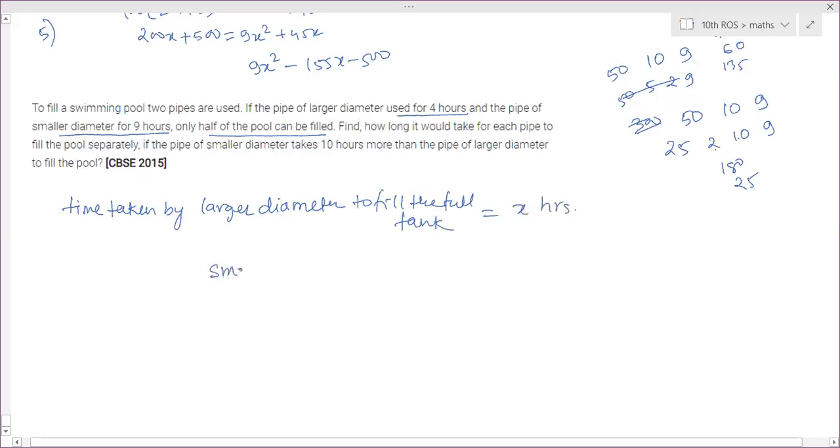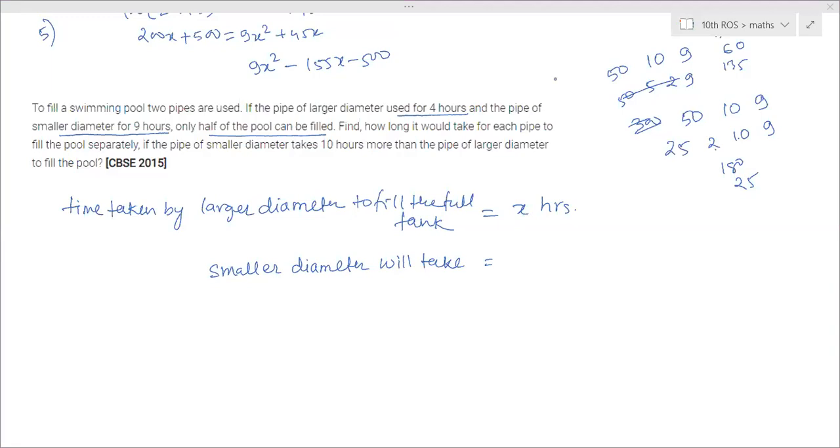And the smaller diameter will take how much time? Y hours. It is given as 10 more than the larger diameter, so X plus 10 hours it will take.